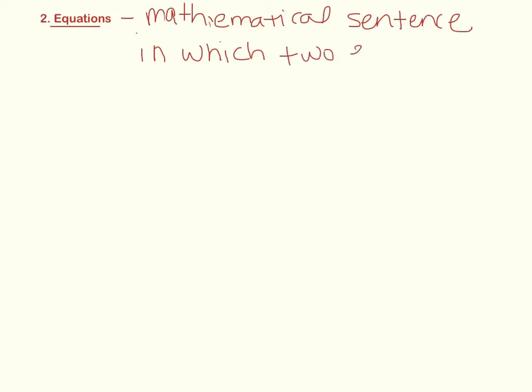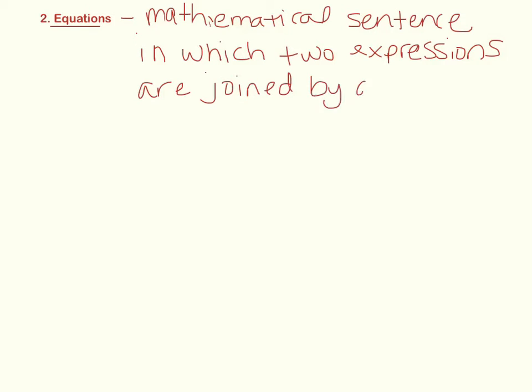We just talked about expressions. So now we're taking two expressions and joining them with an equal sign. An equation has an equal sign. So an equation is a mathematical sentence in which two expressions are joined by an equal sign.